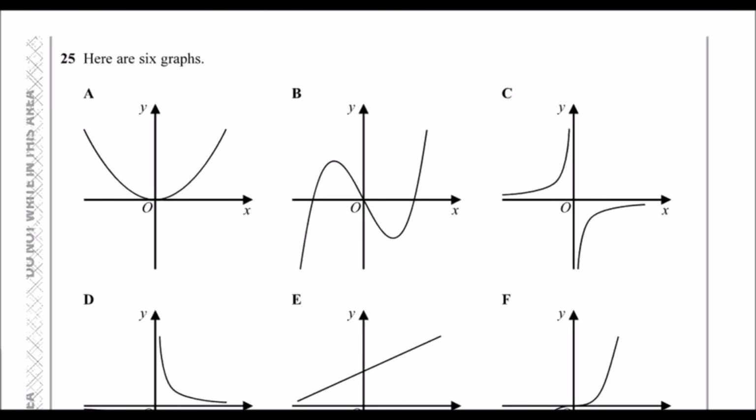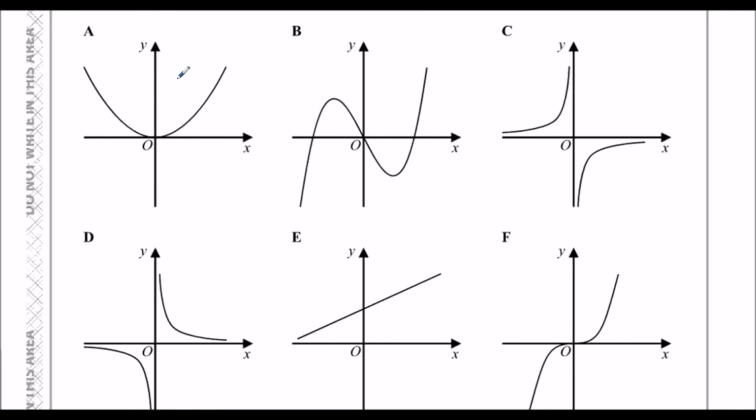Question 25. Here are 6 graphs. So we've got what looks like an x squared graph, y equals x squared. We've got a cubic graph. We've got a negative reciprocal graph. We've got some kind of cubic graph.